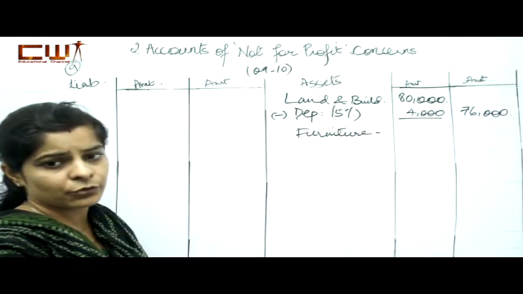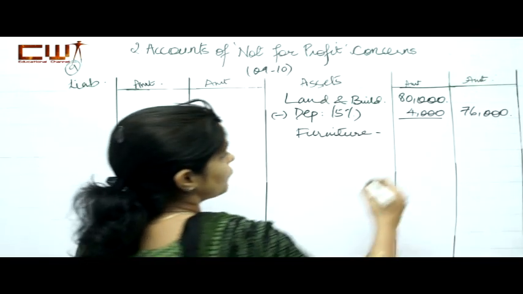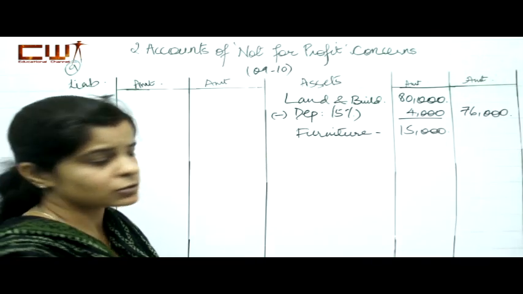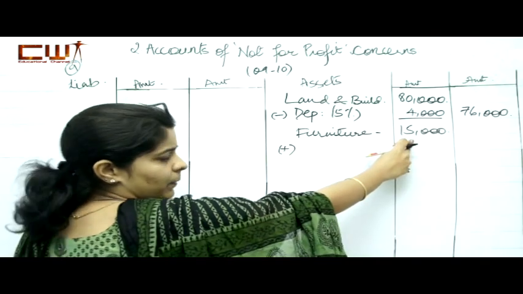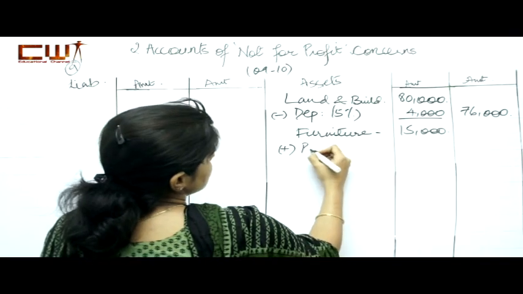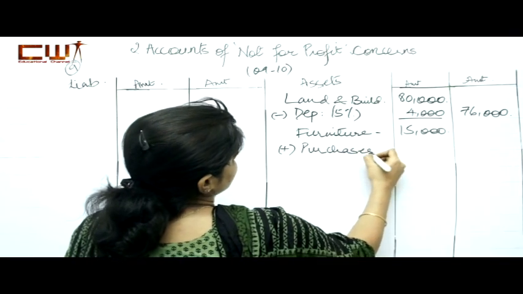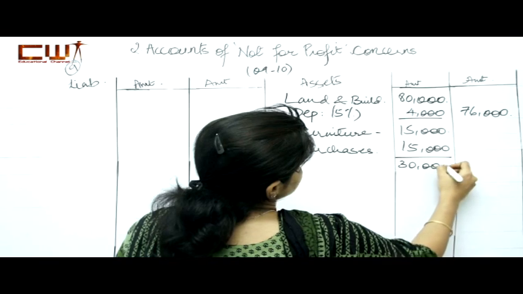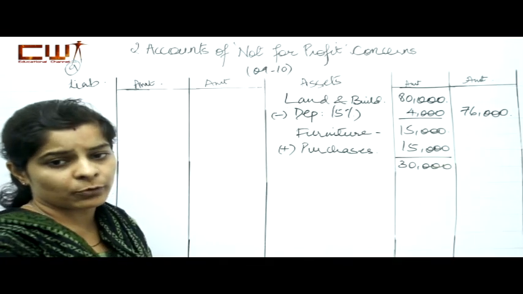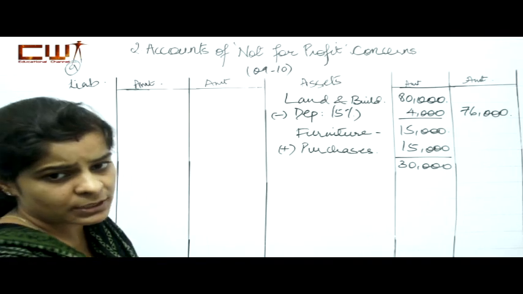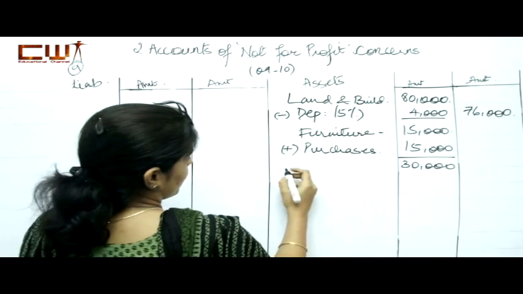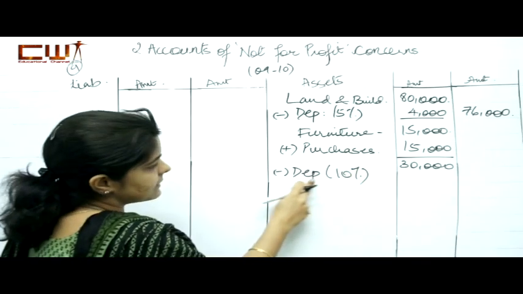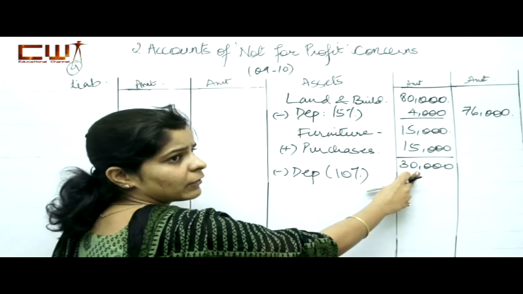Next is furniture. Furniture is given to you as 15,000. They have also given the purchases. This is the opening balance of furniture, and purchases means additional purchases during the year, 15,000. So the total furniture you have in hand is 30,000, and you have to provide depreciation also, at the rate of 10%. This depreciation at 10% will not be provided on 30,000.